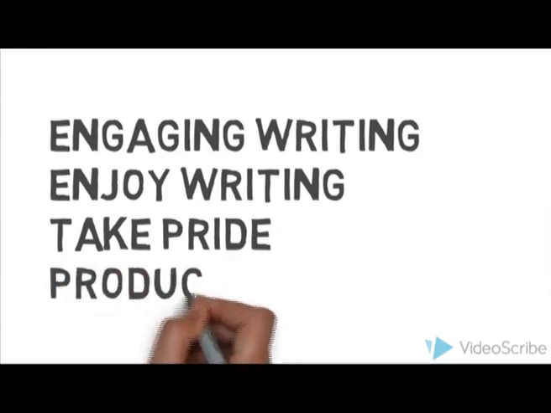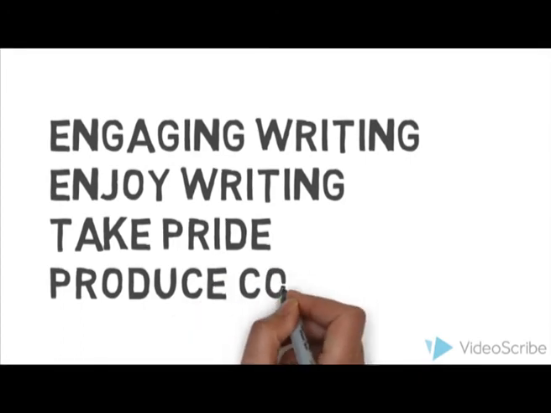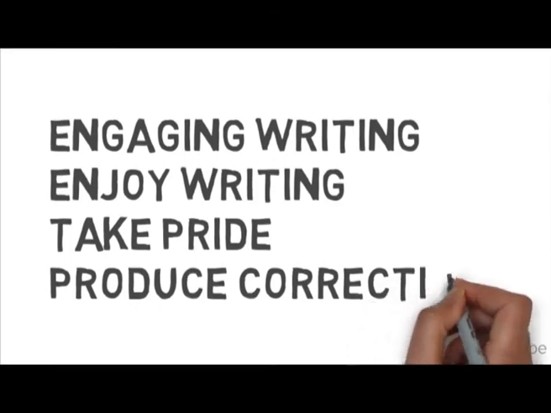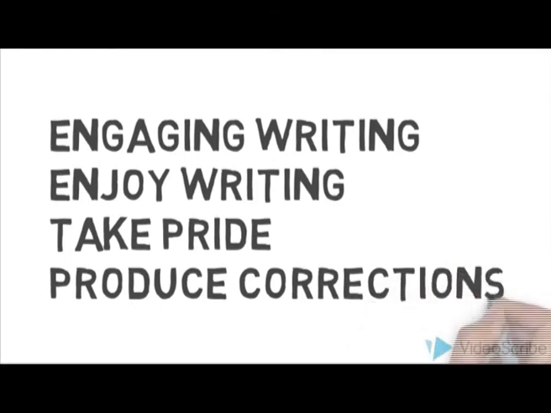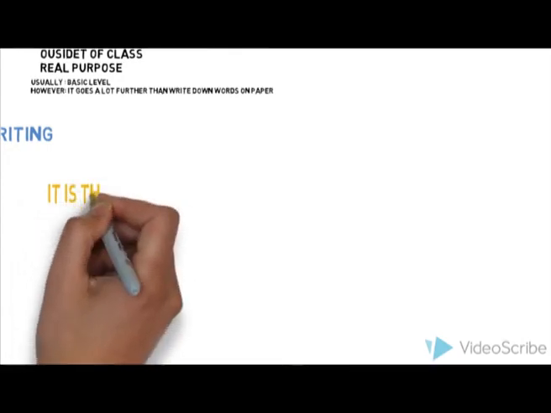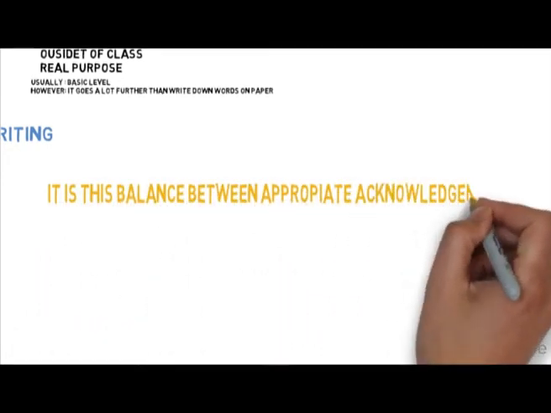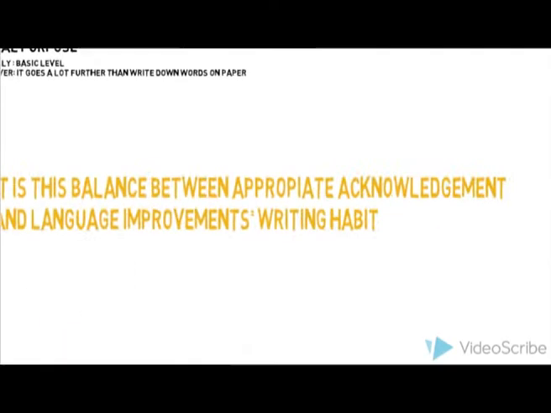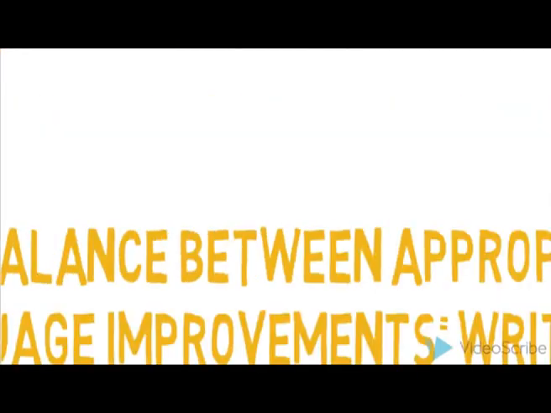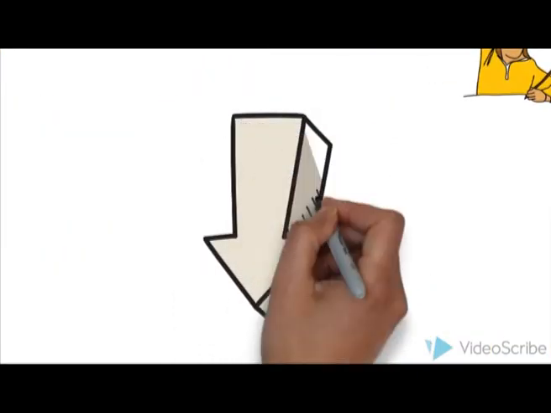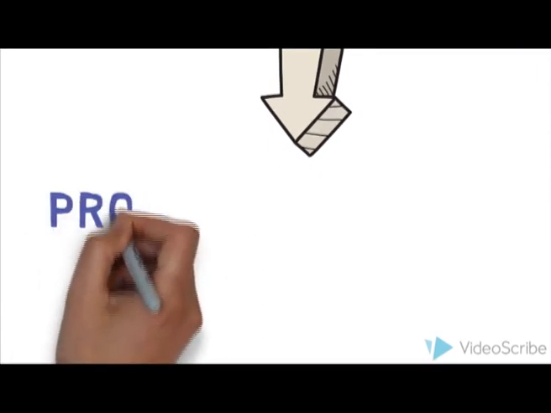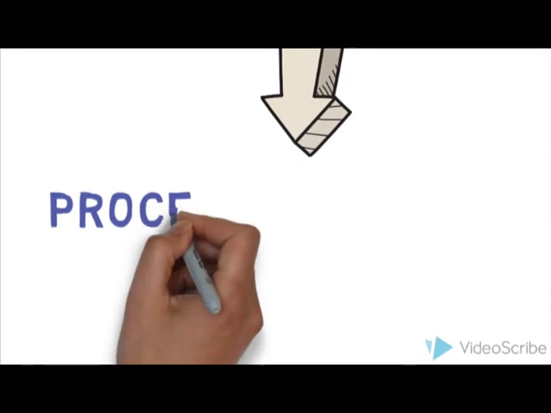At the same time, use what they have produced for correction without destroying the positive atmosphere. So, the point is that if there is this balance between appropriate acknowledgement and language improvement, the writing habit is already done.